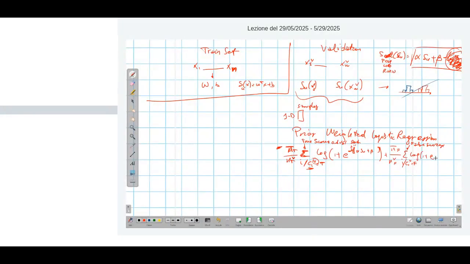Log loss, 1 plus exponential of minus z_i, which in this case is minus 1. So this is minus 1 times alpha s_i plus beta. So this s_i is the score s of x_i, of course. So here is the score for the sample x_i of the validation set.